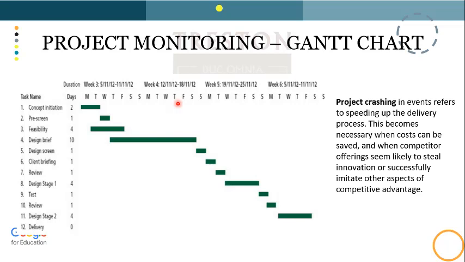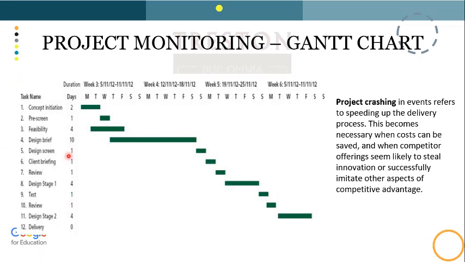Now, this is one of the common project monitoring tools that are used out there. It's called the Gantt chart. As you can see here, I'm sure a lot of you are very familiar with this.